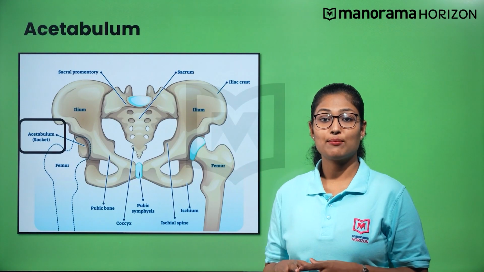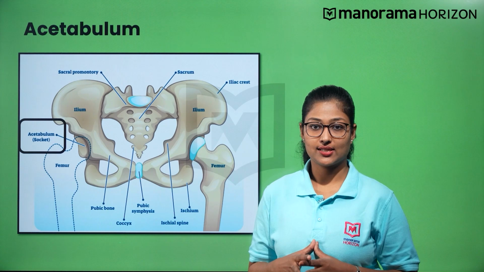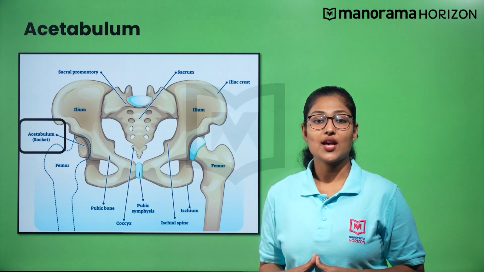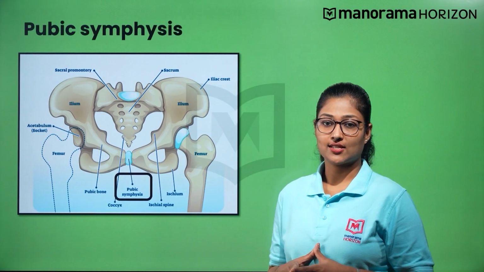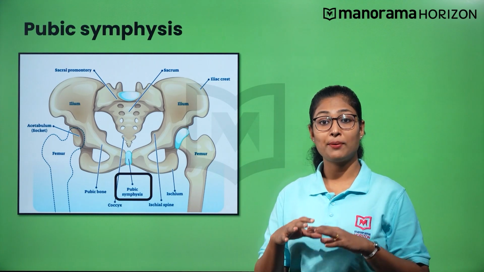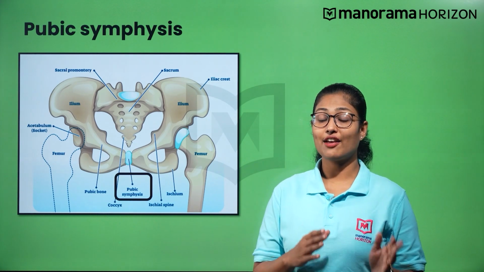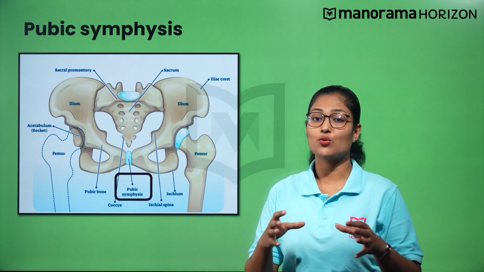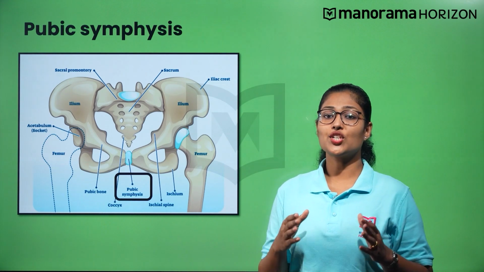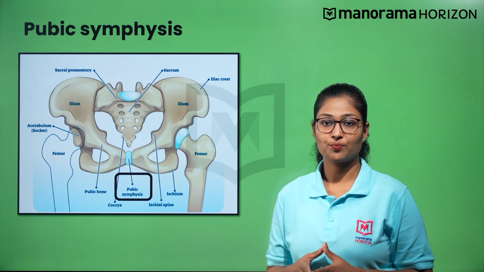It is to the acetabulum that the thigh bone articulates. Another structure is the pubic symphysis. The 2 halves of the pelvic girdle, which is the left and the right pelvic girdle, meet ventrally. The structure contains a fibrous cartilage.